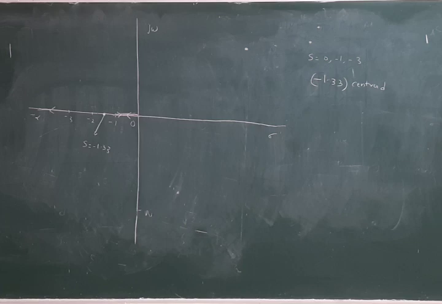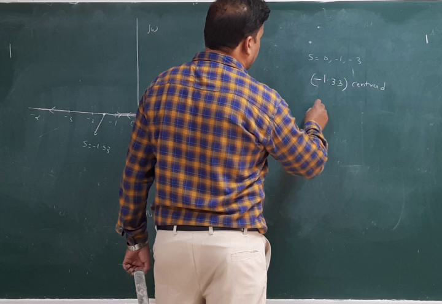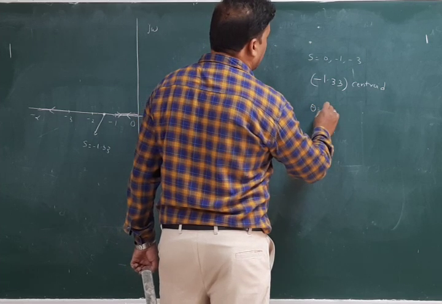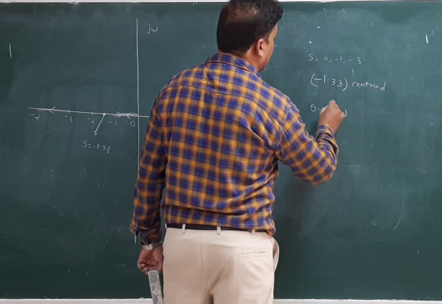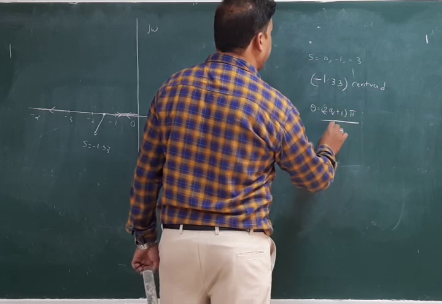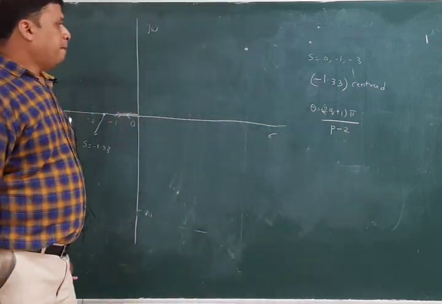The asymptotic angle theta is equal to (2q plus 1) into 180 by (p minus z).